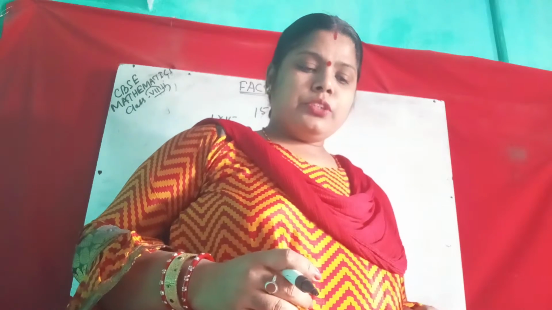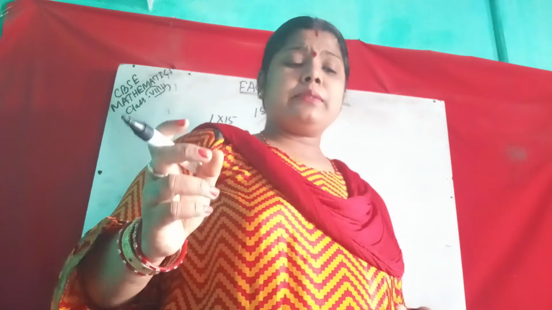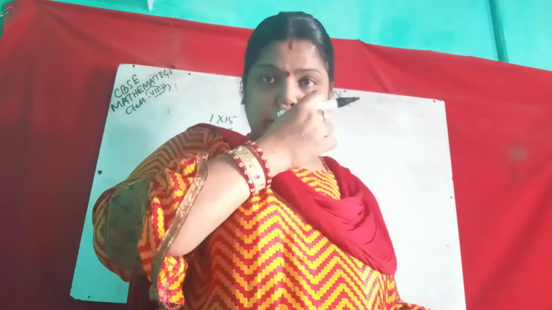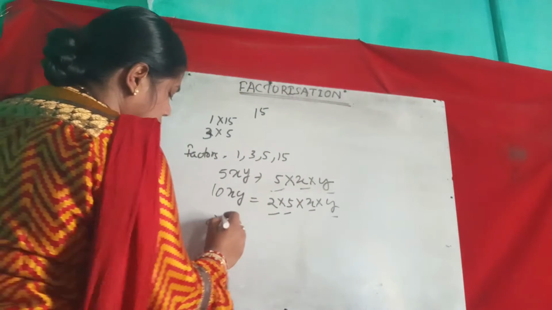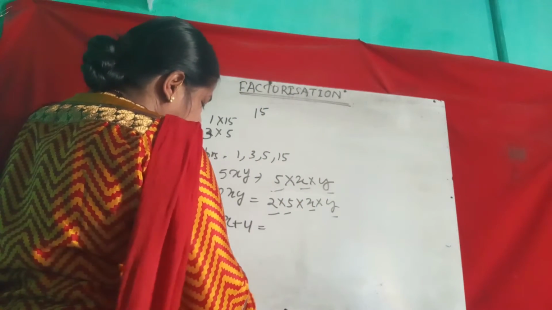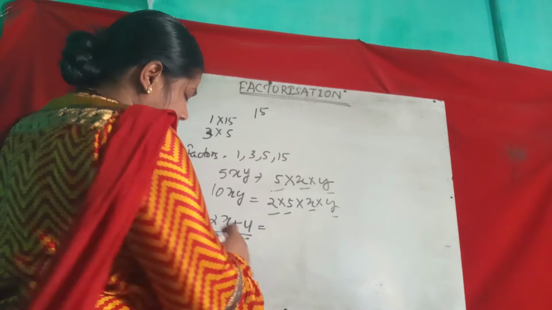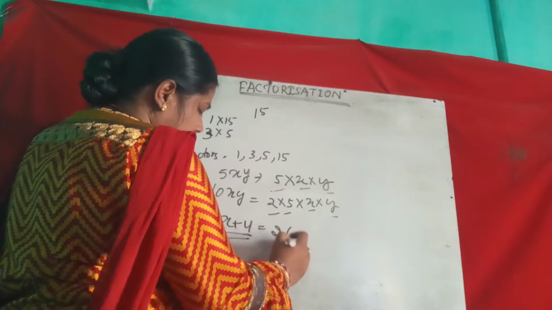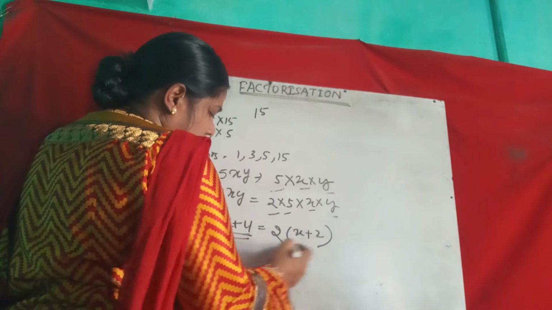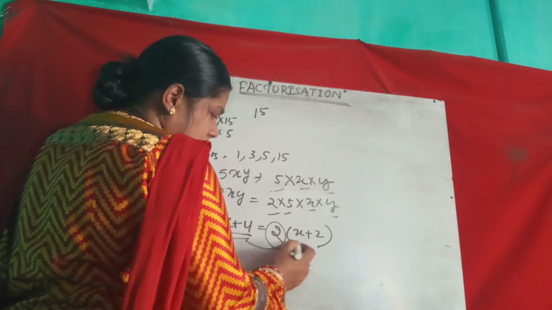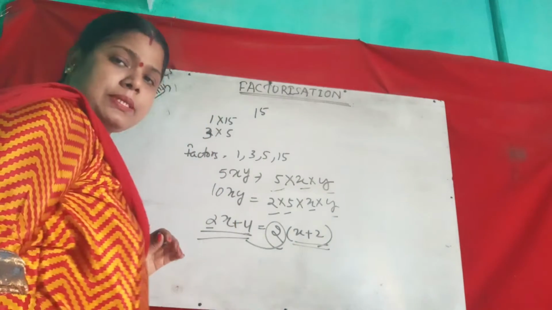Suppose 2x plus 4. How will you factorize this? You find the common factor: 2 into x plus 2. So here 2 is a number and x plus 2 is an algebraic expression.